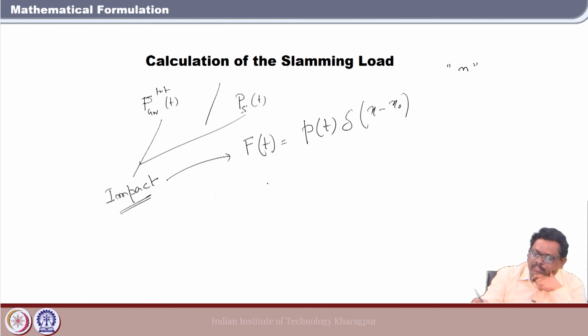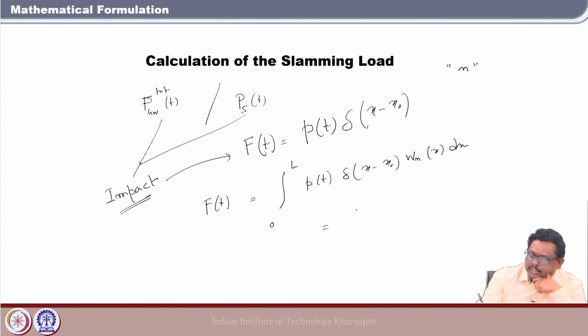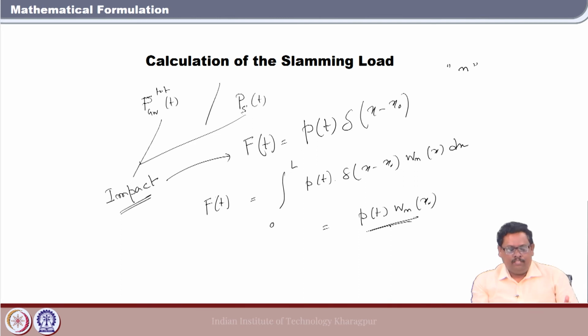When you do that, my total force F(t) is nothing but the integration from 0 to L of P(t) times the Dirac delta function (x0 - x), multiplied by this mode ω_n(x) dx, which tells you nothing but P(t) times ω_n(x0). So, this is how you can get it.